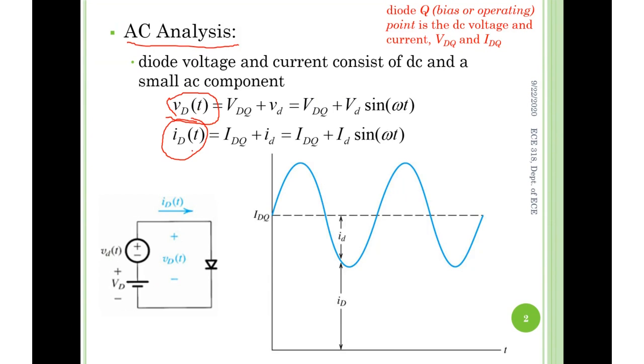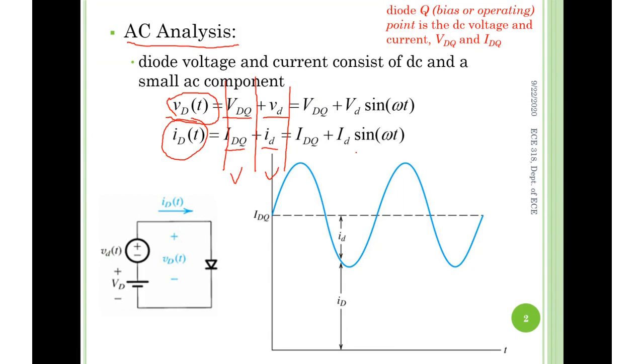No matter which voltage or current inside the circuit, it always equals the DC result plus the AC result. Can you see the case-sensitive letters? They respectively represent the DC result and AC result. This column is DC, this column represents the AC.